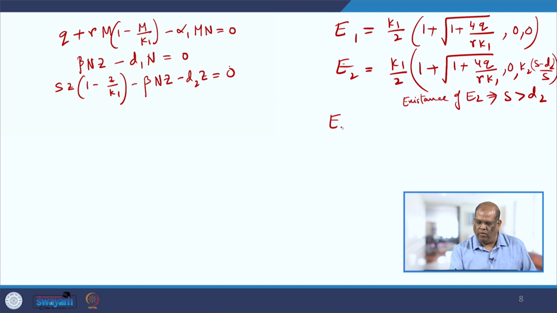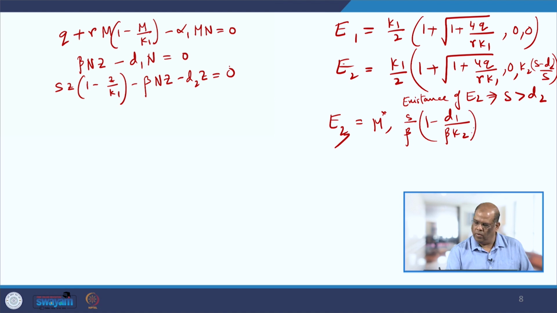And our final equilibrium point is E3, which is some m star, then S by beta 1 minus D1 by beta K2 minus D2 by beta, and D1 by beta.